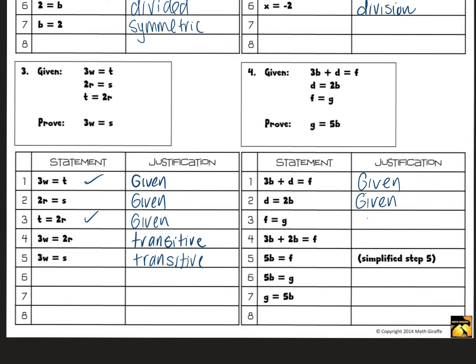So again, our first 3 are given. Let's see. So looking at step 4, it looks like we took step 1 and changed the d to a 2b, so that is substitution.